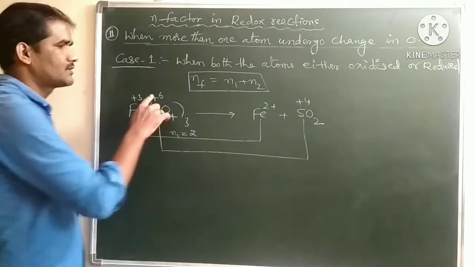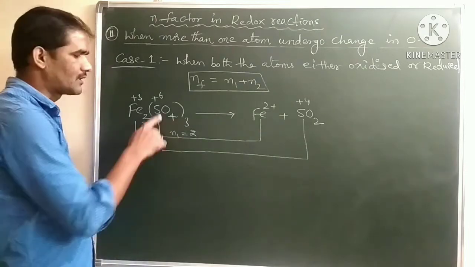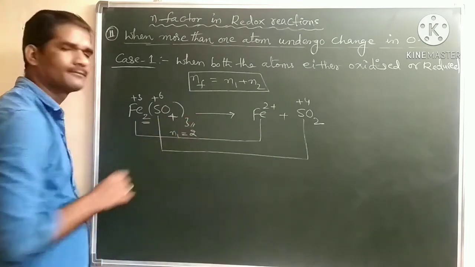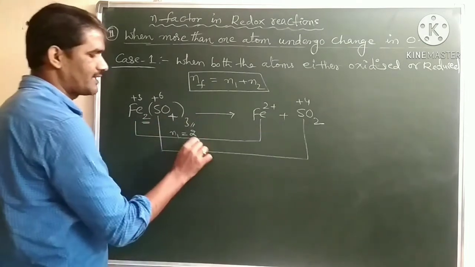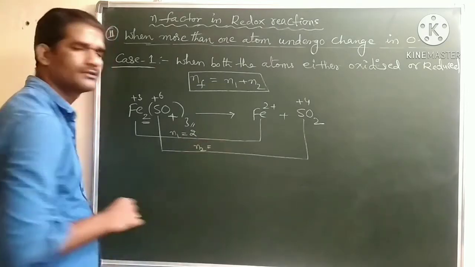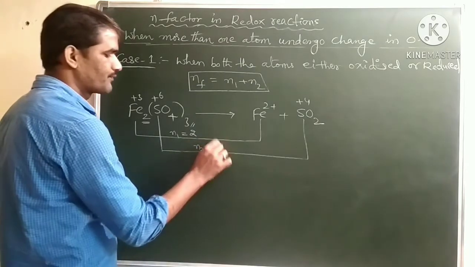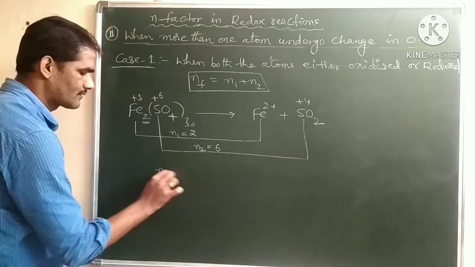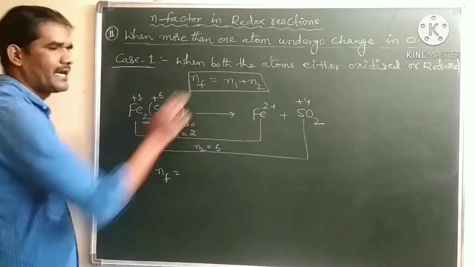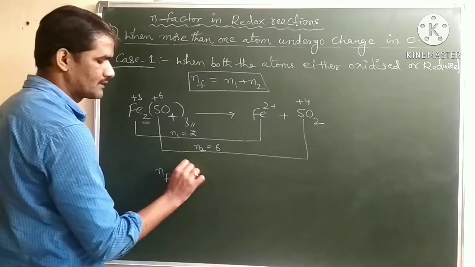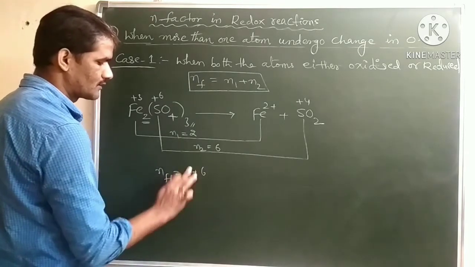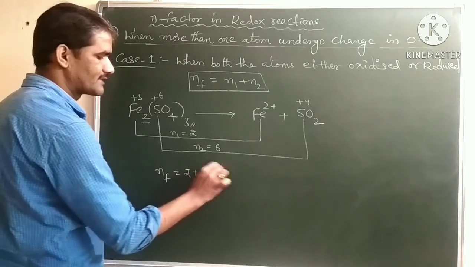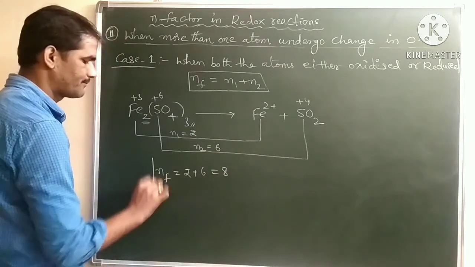What is the change? 2, but there are 3 sulfur atoms in one molecule. So the total change n2 is equal to 3 into 2, which is 6. Now the resultant n-factor from the formula n1 plus n2 means 2 plus 6, which is equal to 8.